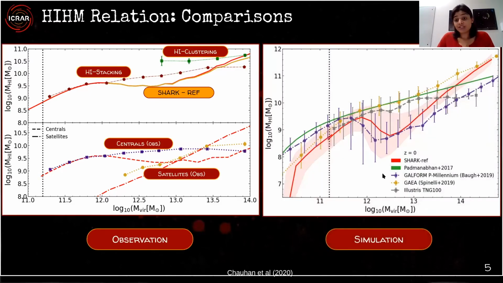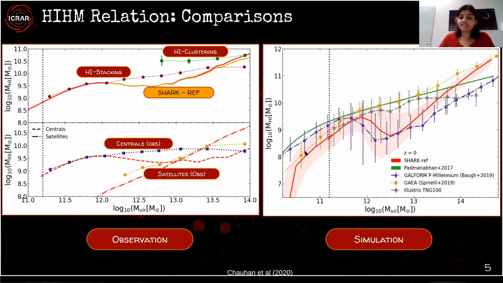On the right side over here, I'm comparing how different simulations' HI-HM relations compare against each other. All of these simulations are giving very reasonable and very close stellar mass halo mass relations. They have passed the stellar mass halo mass robustness test, but they all employ different prescriptions for the physical processes.